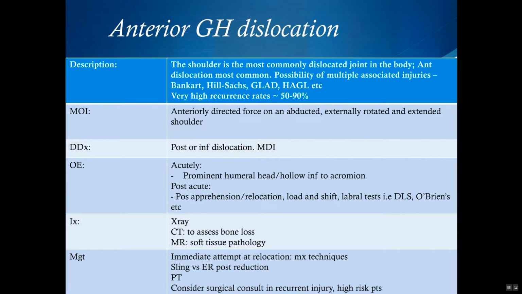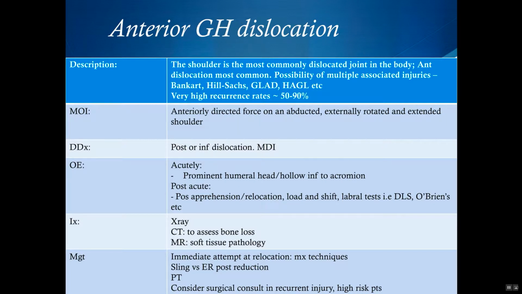An anterior glenohumeral dislocation is the main cause of a lot of the aforementioned conditions on the prior few slides. The shoulder is the most commonly dislocated joint in the body, and the anterior dislocation is the most common variety. As you've seen prior, there are multiple associated injuries that can occur from this mechanism.